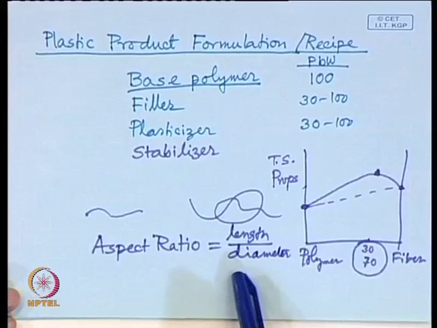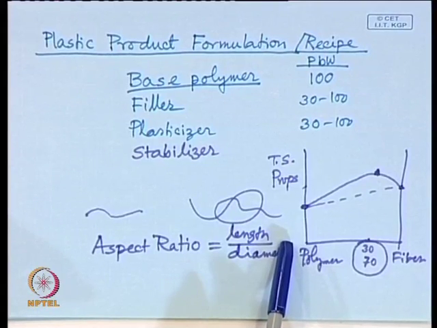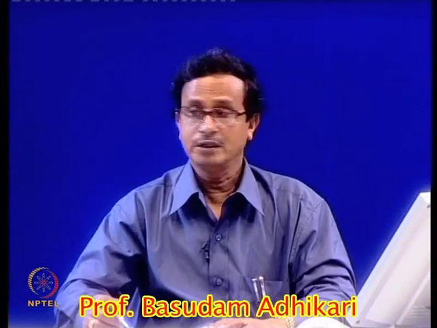That means, if the diameter is very less, length is quite high, that means it is a very thin fiber, and its surface area is very high. So, it will be highly reinforcing. So, if the aspect ratio is very high, it will give excellent reinforcing properties.